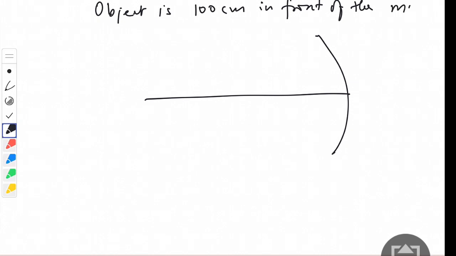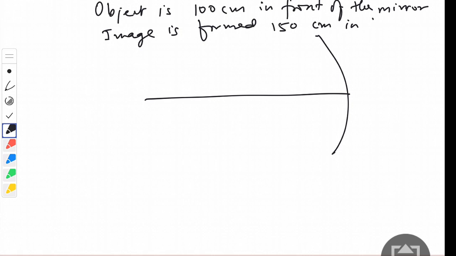And image is formed 150 centimeters in front of the mirror. The question is f is equal to how much? Find this and tell me.